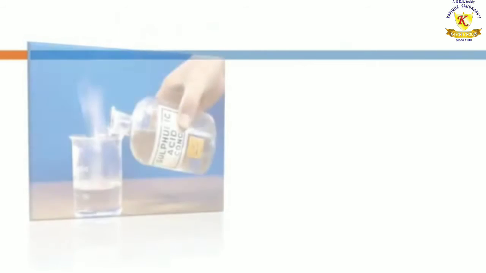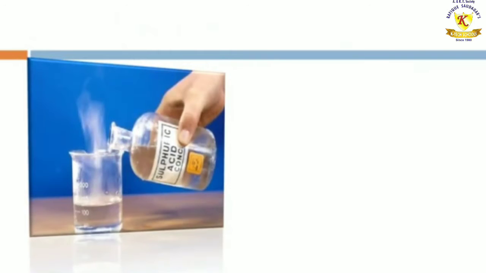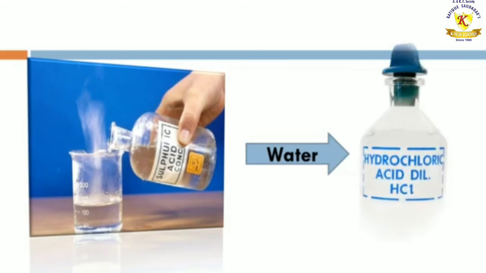Now children, similarly they give off vapors. If we inhale them, it can be harmful to our health. So these concentrated acids are converted into dilute acids by slowly adding them into water.